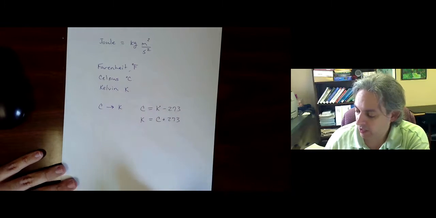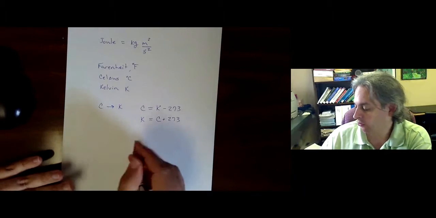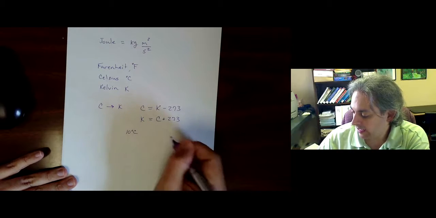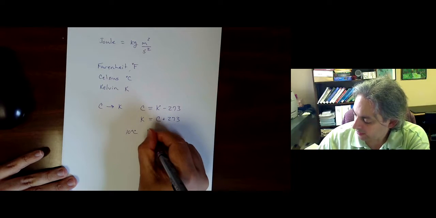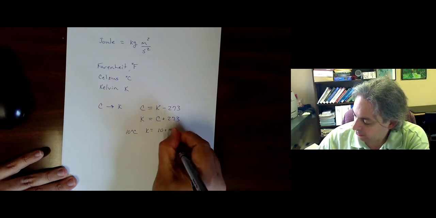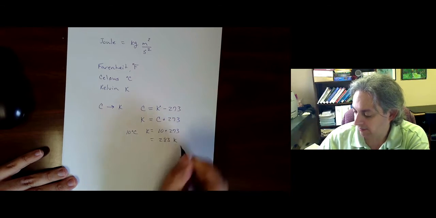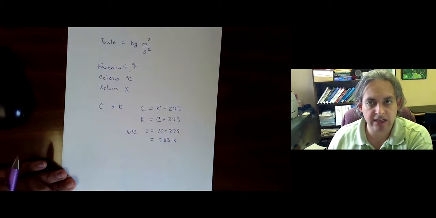And then correspondingly, if you want to find Kelvin, you just take your Celsius degree and you add 273 to that. So for example, if you have a temperature of 10 degrees C, in Kelvin that would be, Kelvin is equal to 10 plus 273. Kelvin would then be 283 Kelvin. So 10 degrees C is 283 Kelvin.